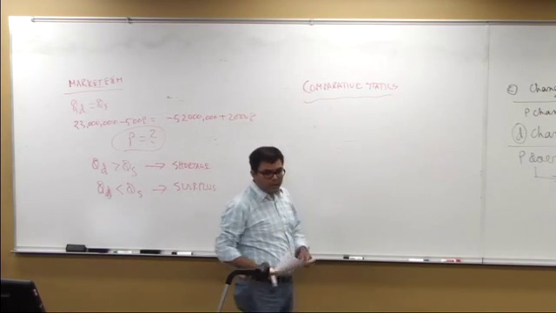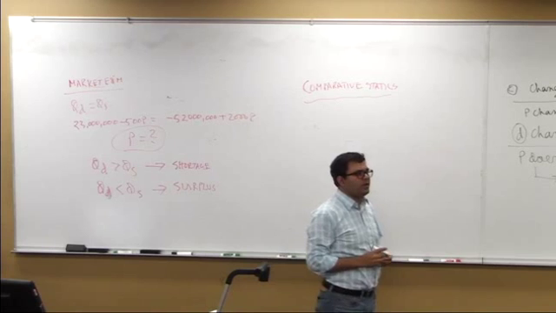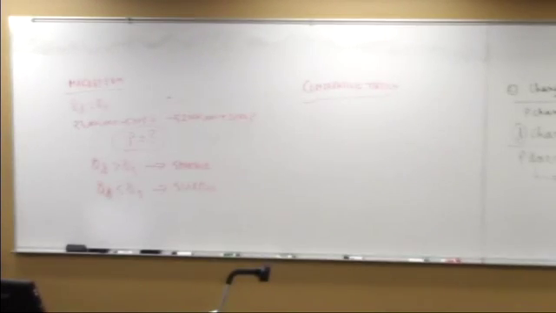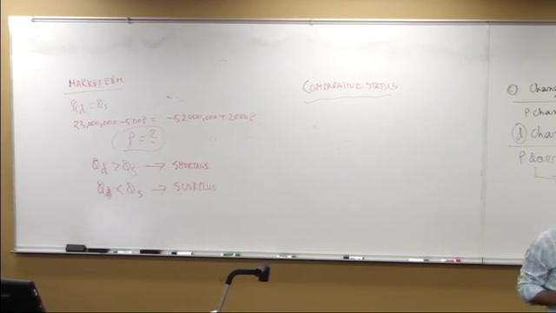Comparative statics, you have seen that in your principles of micro and other micro courses, where we change some economic phenomena, such as a change in the income of the consumers, or a change in the price of related goods, or we have changed the price of one of the raw materials, and we wanted to understand how this kind of change not only affects the demand side or the supply side, but how it affects the equilibrium altogether.